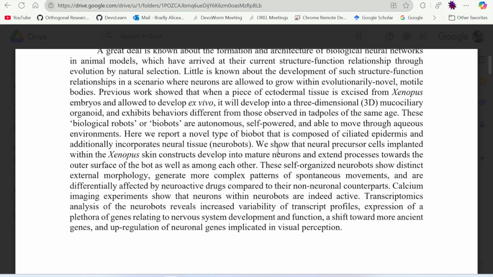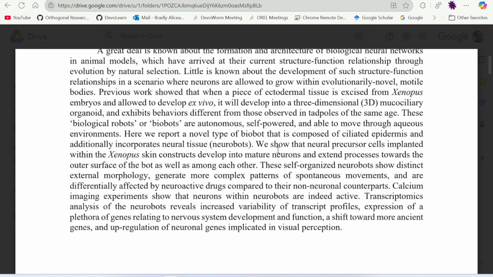So we have neural precursor cells in a skin construct. We are able to get mature neurons. We're able to get processes extended to the outer surface. So we have a system where we have a layer of skin with sensory cells in it, basically. We show that neural precursor cells are implanted.